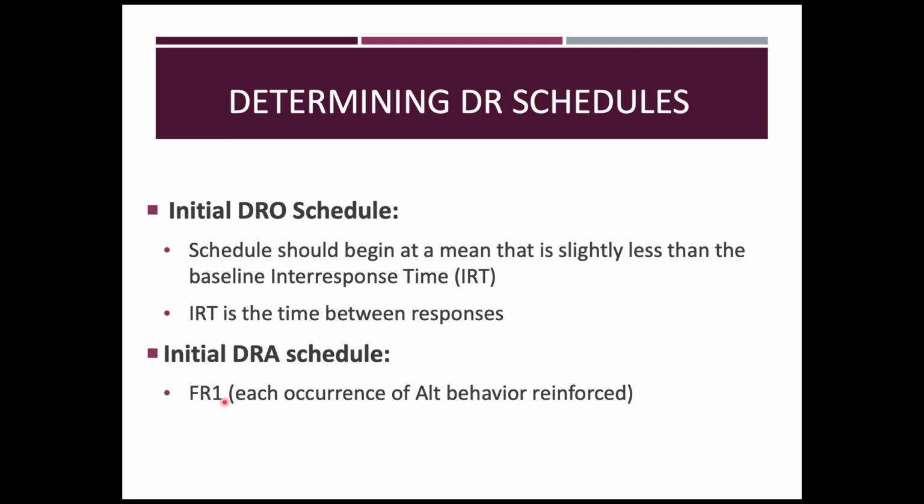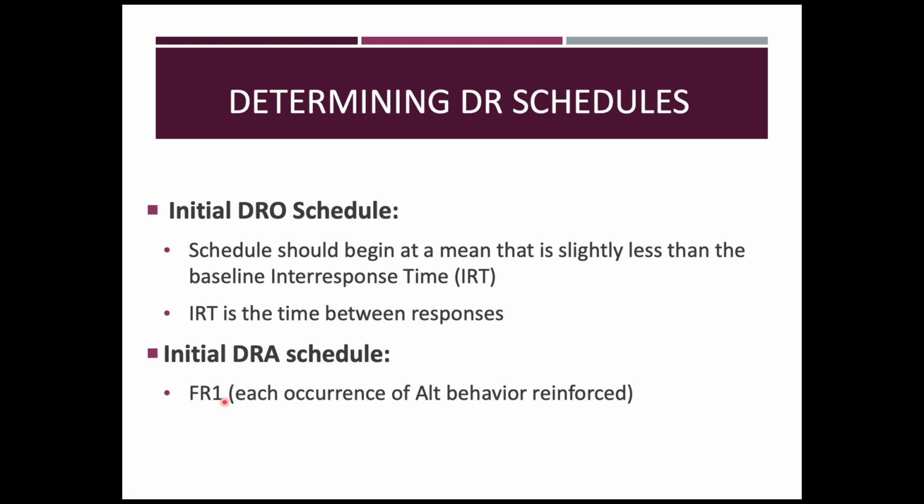So with the DRA, initially we start on a very dense schedule. If problem behavior is maintained by escape, and I teach the individual to communicate for a break instead of engaging in the problem behavior, initially I have to reinforce each one of those responses to get it to occur and maintain, but also to strengthen it to the point where it replaces the problem behavior, that the problem behavior has undergone extinction and the alternative behavior has been shaped and maintained.